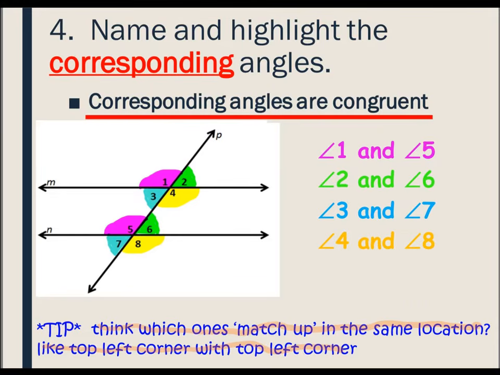Those would be corresponding angles. Angle 2 is on the right side at the top. Angle 6 is on the right side at the top. Angle 3 is on the bottom left, and angle 7 is on the bottom left. And then angle 4 is on the bottom right, and angle 8 is on the bottom right.